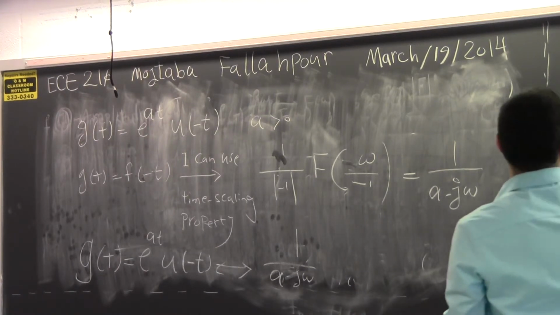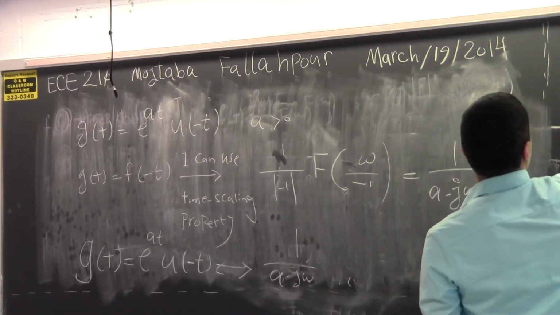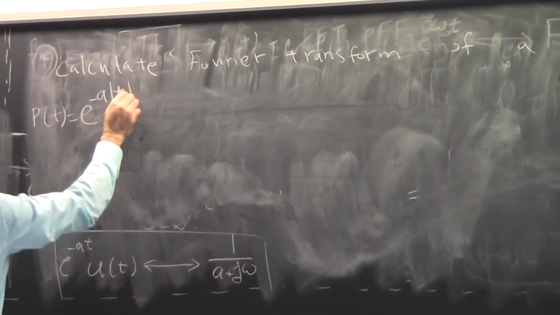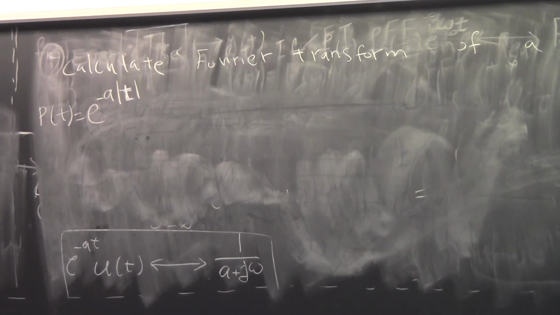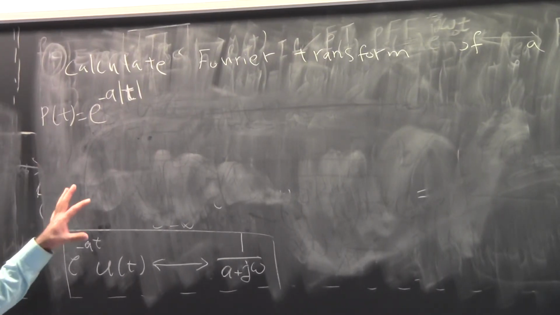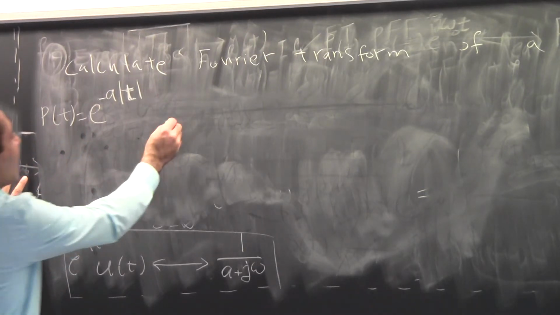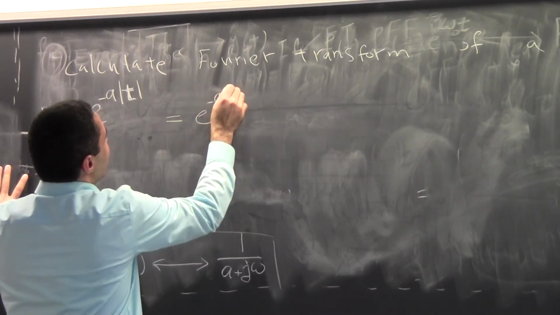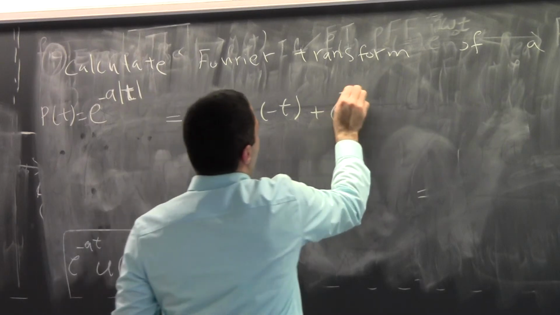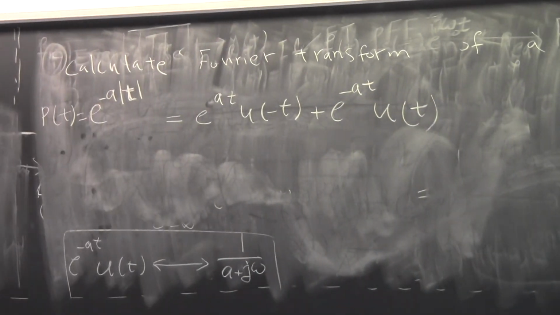Now what about this guy? e to the minus a absolute value of t. This is p(t). Can I calculate this? This is usually one of the most difficult ones when you look at it, but it's not that difficult to calculate. Why? Because I can write this as a sum of the two previous signals. Agree? Can do that, right?